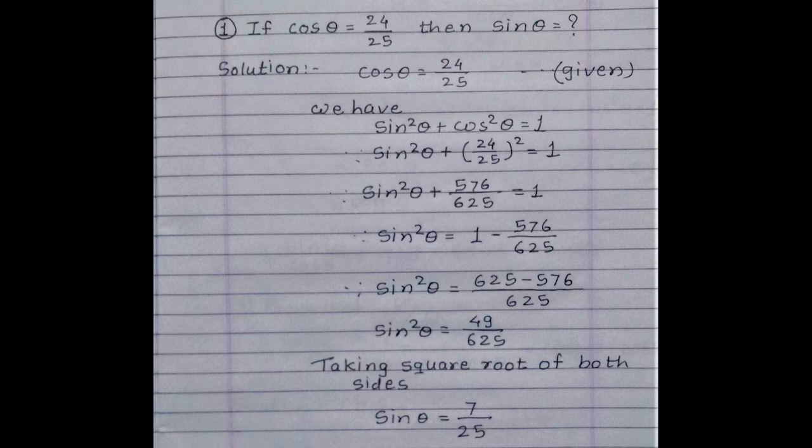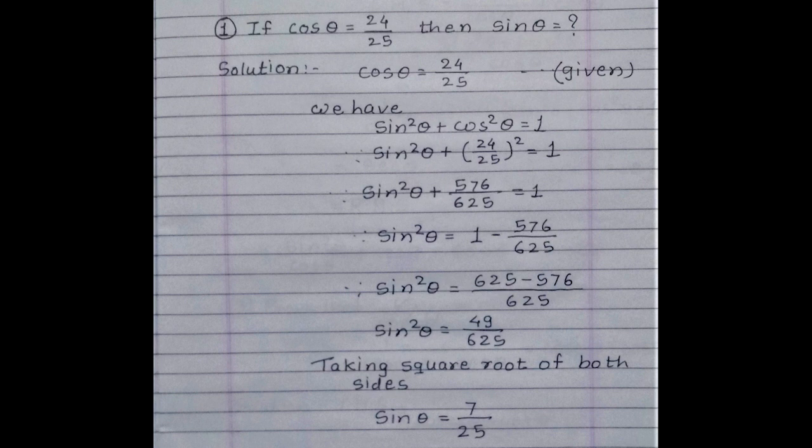Now, as I told you, we have the equation sin square theta plus cos square theta is equal to 1. So, keeping sin square theta as it is, we write down the cos theta value, that is 24 upon 25 whole bracket square, is equal to 1. So, sin square theta plus 24 square 576, 25 square 625, is equal to 1.